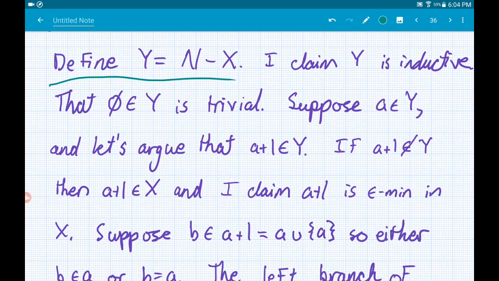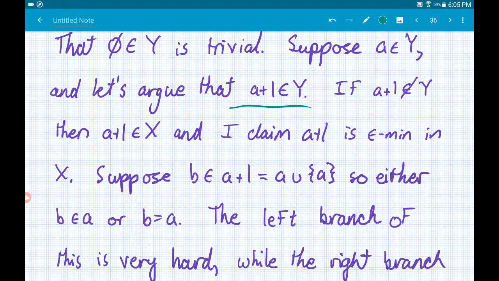Now, to me, the more substantial part is showing that if anything is in y, then it plus 1 is in y. Well, suppose for contradiction that it's not in y. Not being in y entails that it is in x. I mean, I'm taking my universe here to be n, so I could state things a little more rigorously, but you know what I mean.